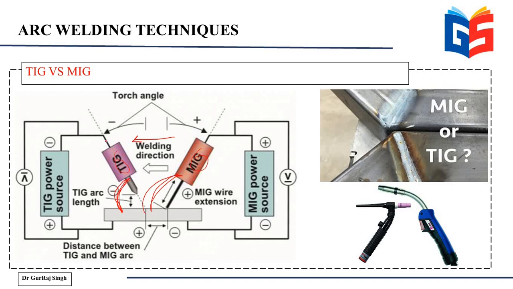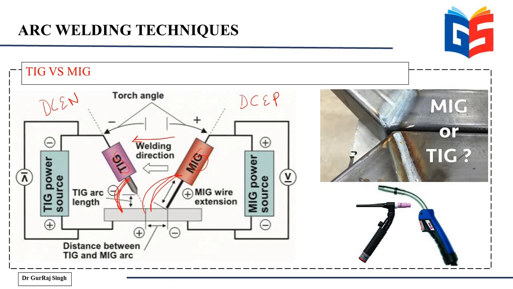In case of TIG welding, the polarity is DCEN, direct current electrode negative. And in case of MIG welding, the polarity is DCEP, direct current electrode positive.